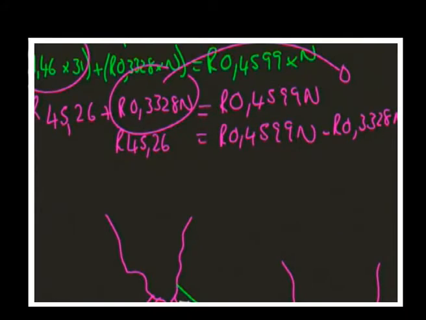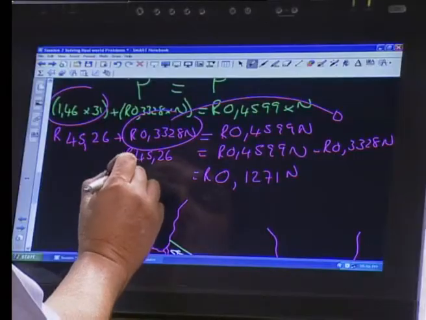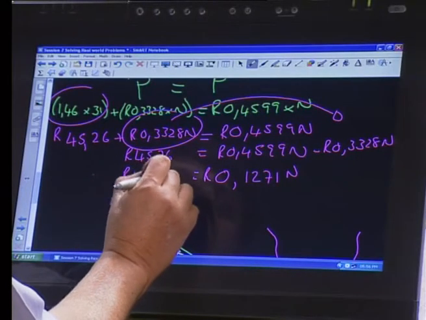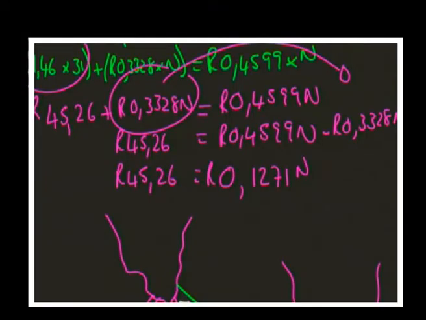So 0.1271 n. Okay, so we had so many n's, we took so many n's away, and we were left with 0.1271 n's, and that is still equal to 45 Rand 26 cents.